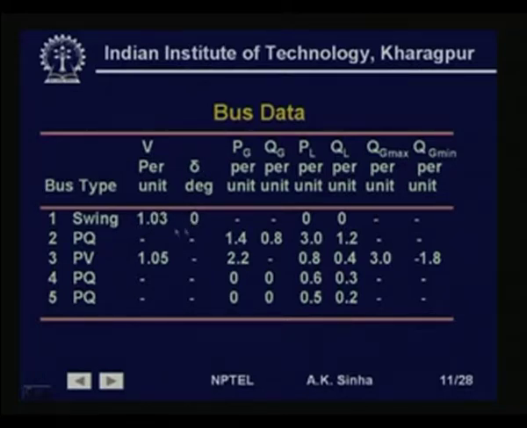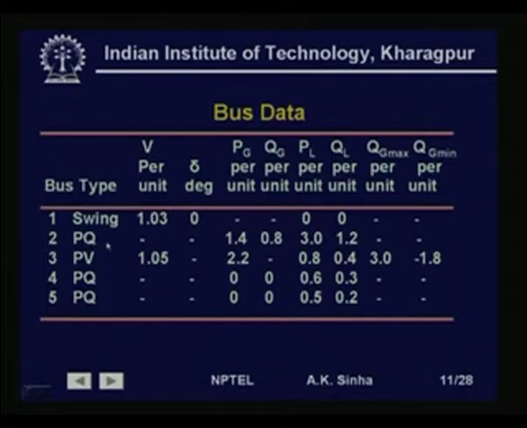At this bus we may have PL and QL, but generally we can always find out the injection, and then knowing the generation we can find out the loads. So, anyway, here it is 0 0.